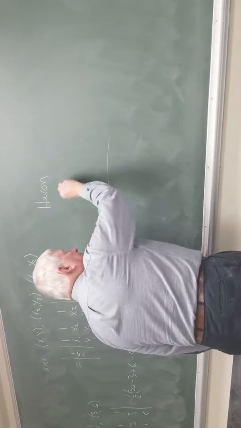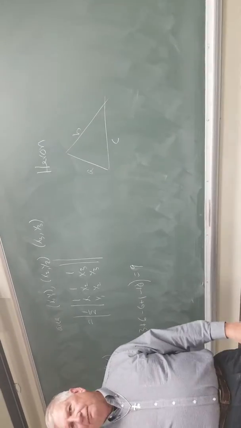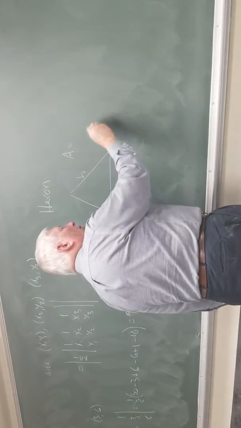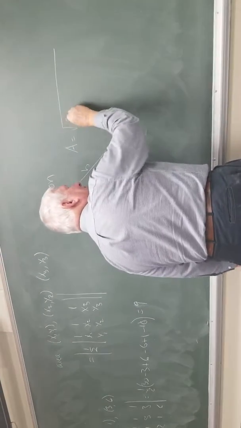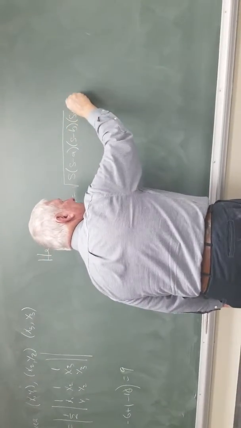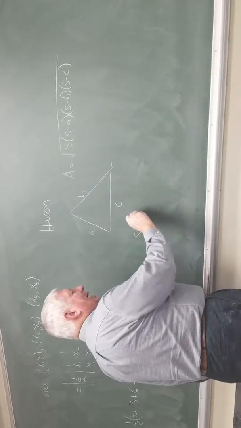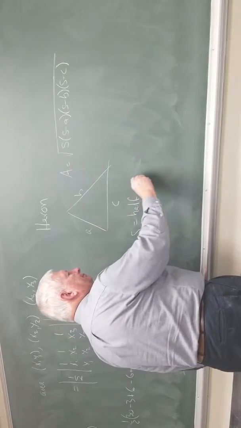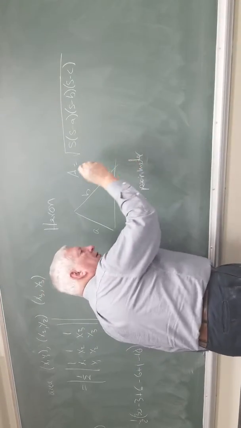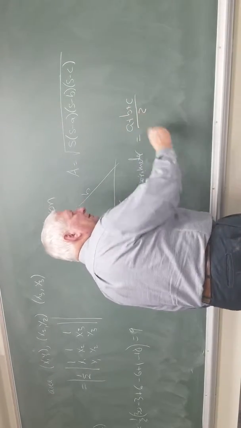If you have a triangle with sides A, B, and C, any sides A, B, and C, then its area was, I'm going to write it down and explain it, square root of S times S minus A times S minus B times S minus C, where S is the half perimeter, which is the perimeter, the sum of the sides, divided by 2.